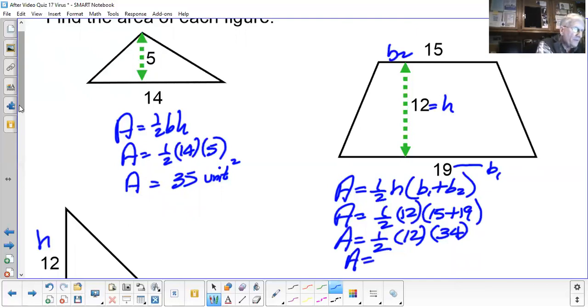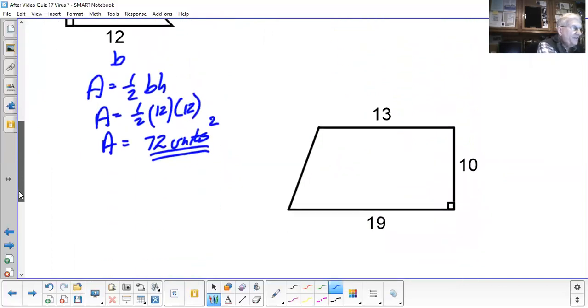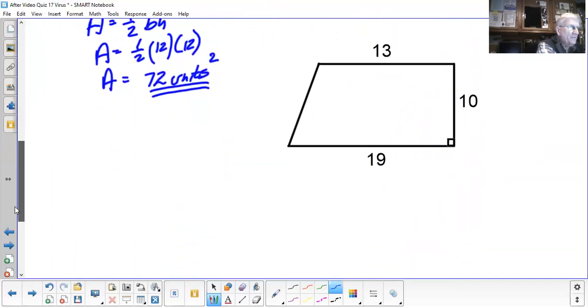So the answer for this trapezoid is 204 units squared. Any questions? I hope not. That's pretty straightforward and simple. You did these from 6th grade on and into high school, so I'm sure this review is helping you bring these back to mind.